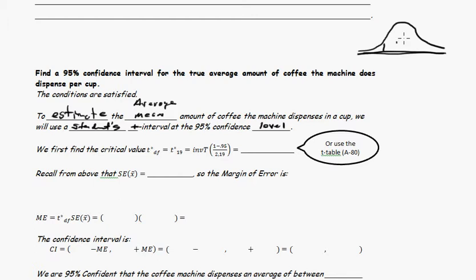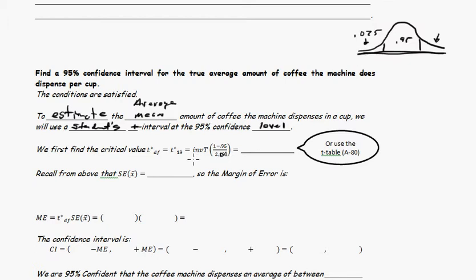So we have 0.95, so half is going to be on one tail and half over here, so this is 0.025. And why do I have 2.9? That doesn't make sense. I think this should be 2.00, so just 2, and I'm going to divide it by 2.